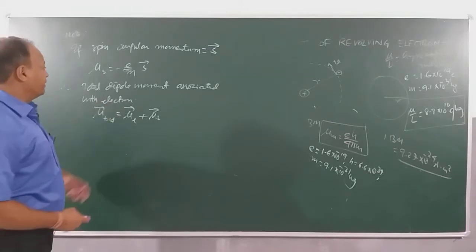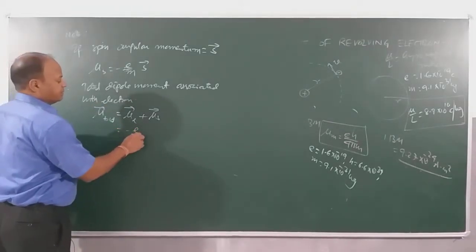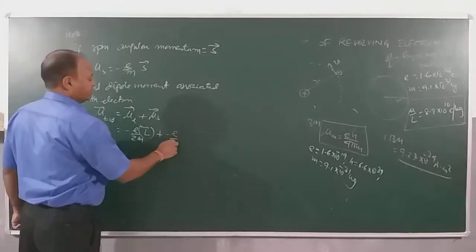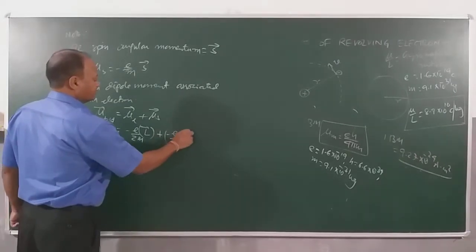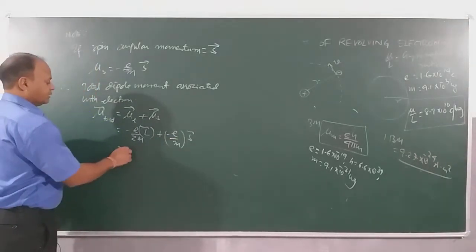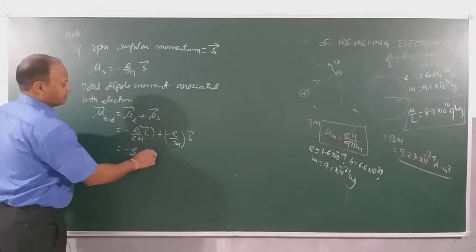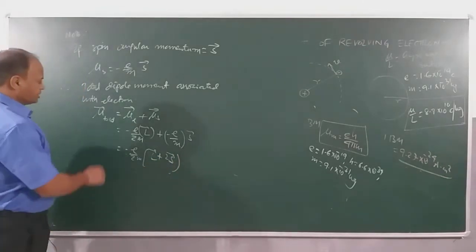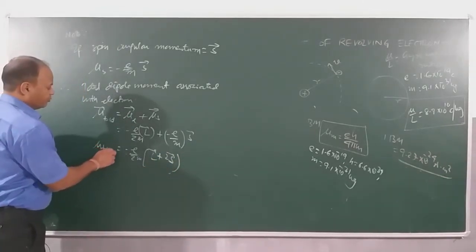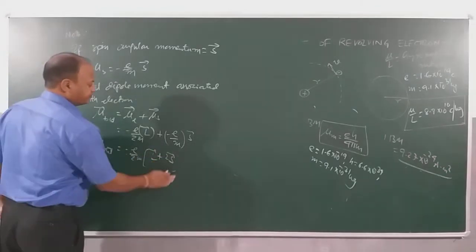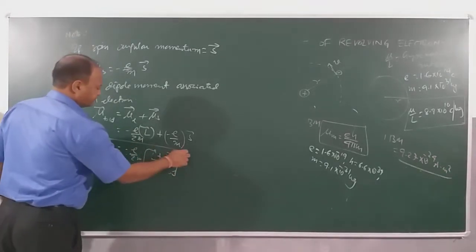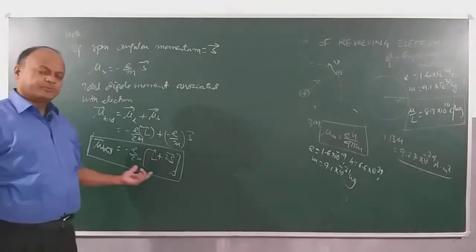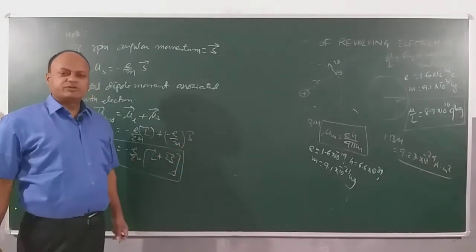Clear? So if you put in the values, children, then this is minus e by 2m into L plus minus e by m into S. So here minus e by 2m you can take outside, so you get L plus 2S. Clear? So this is the total dipole moment associated with electron. I am sure that you understood it now. We will move on to a few sample problems from this chapter.